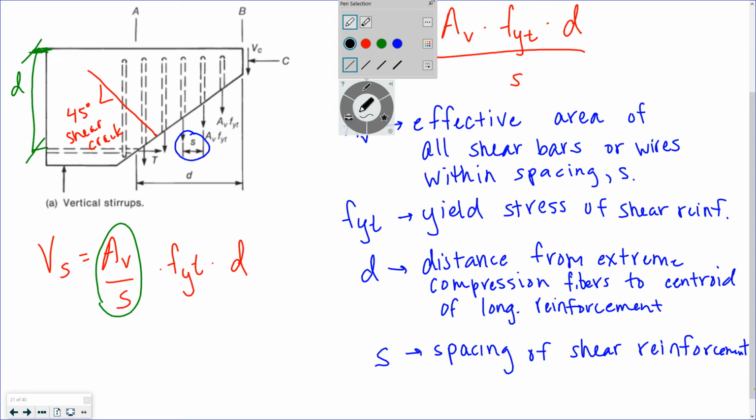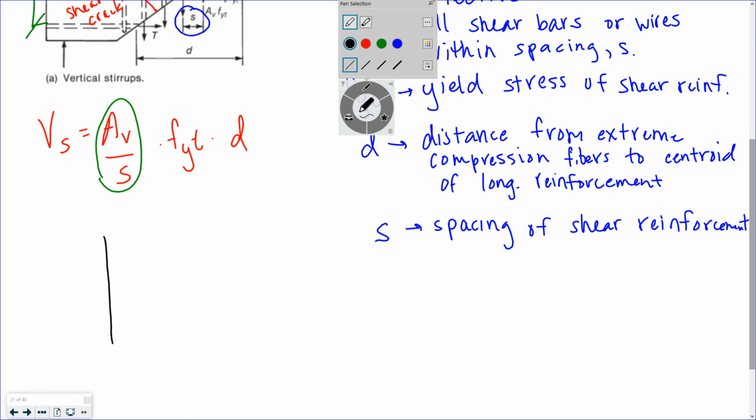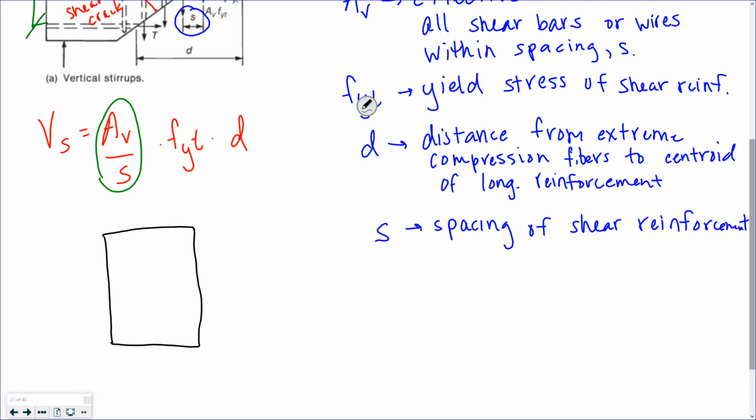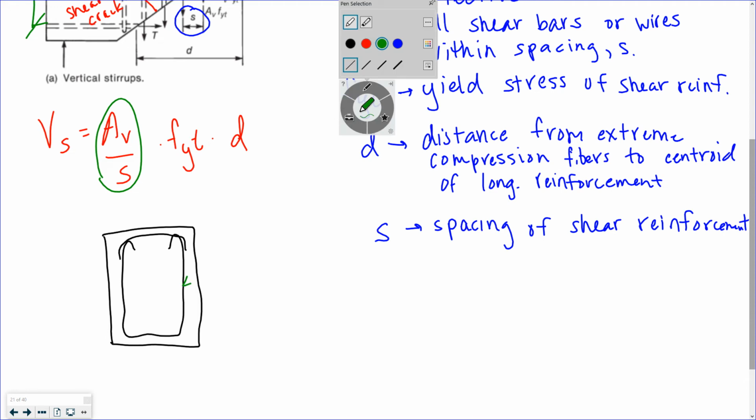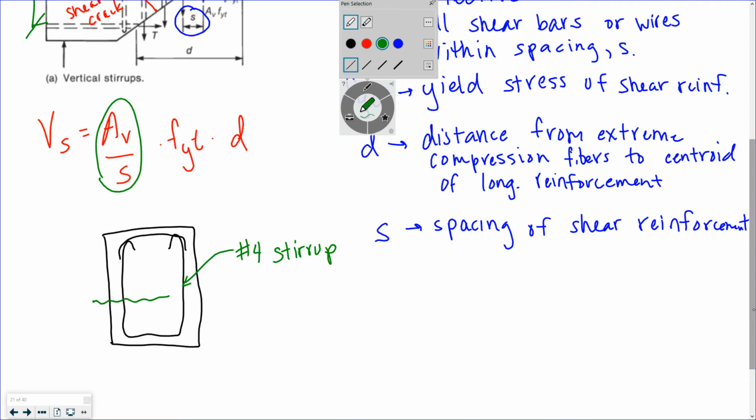So if you look at a cross section, let's say that's a number 4, right? Your area of the crack would be going across your cross section.